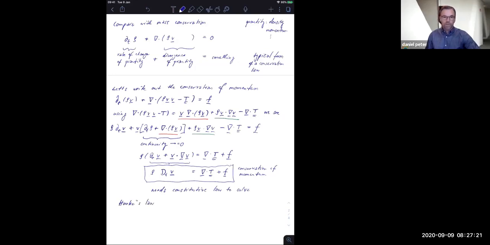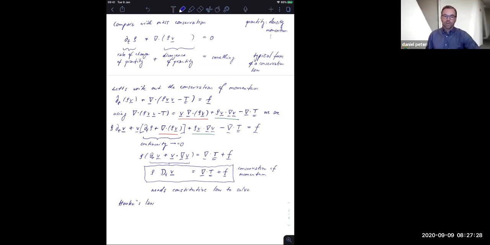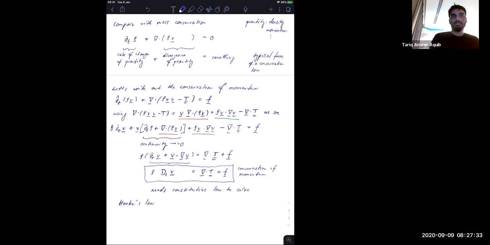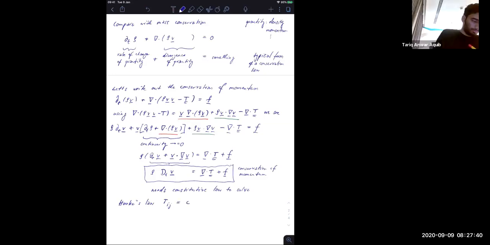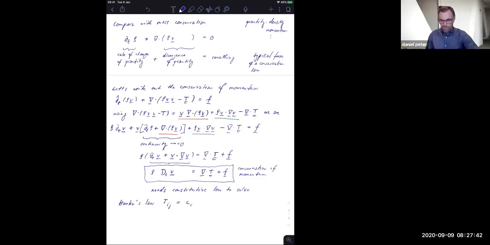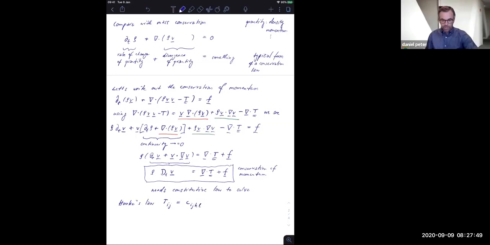You're probably familiar, Hooke's law is not really a law, it's not a conservation law, which is a physical law. Hooke's law is only a constitutive relation for elasticity, which links the stress tensor, Tij, to the strain tensor by the elasticity parameters. It's Cijkl times epsilon kl.